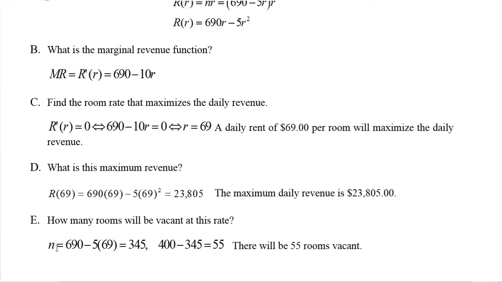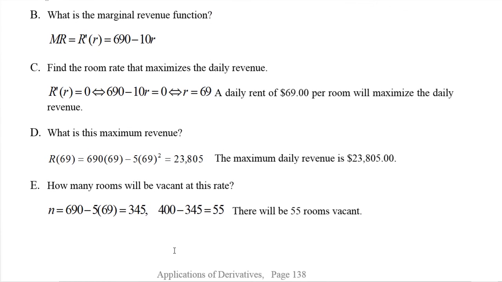So the number of rooms is 690 minus 5 times 69, which is 345 rooms, leaving 55 vacant. And 690 times 69 minus 5 times 69 squared gives us the total daily revenue of $23,805.